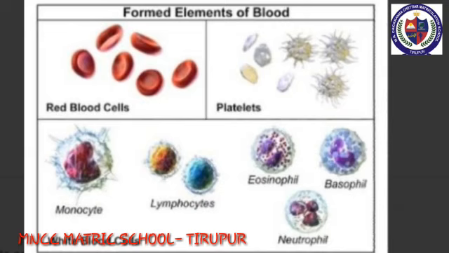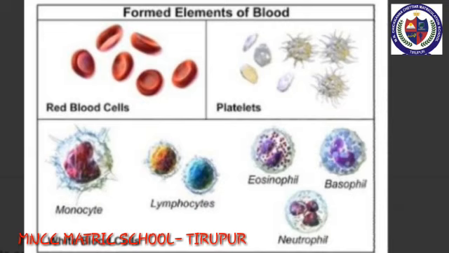First one, plasma. It is slightly alkaline, containing non-cellular substances which constitute about 55% of the blood. Organic substances like proteins, glucose, urea, enzymes, hormones, vitamins and minerals are present in the plasma.